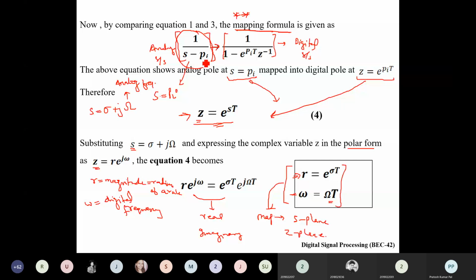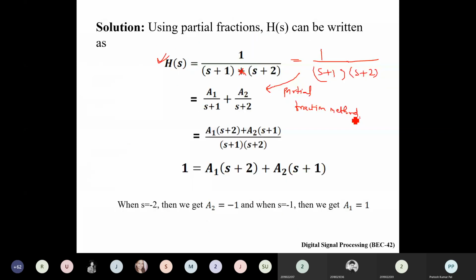We will convert it using the partial fraction method, which you already know. With s plus 1 and s plus 2, we will find the values of a1 and a2.